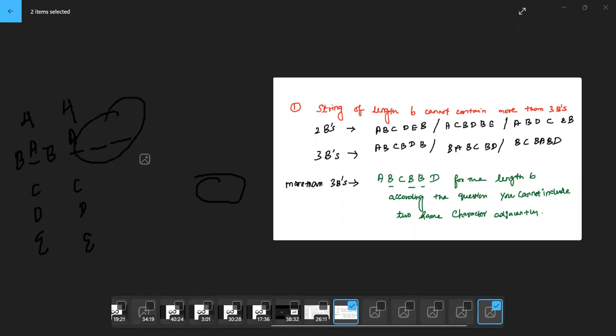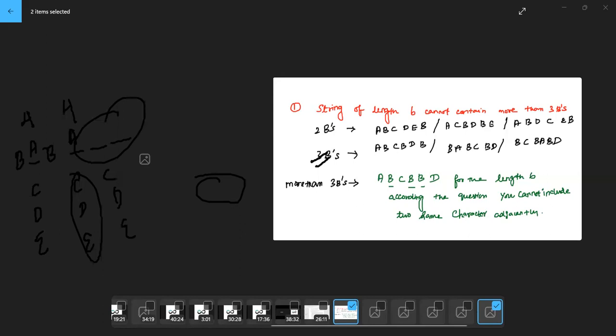But in the fifth one, you're not allowed to choose A, right? Which means you're only going to use C, D, E. And you should not use B over here because already the B's are restricted. We are going for the string which has exactly two B's here. So forget about the B. Here we are only dealing with A, C, D, E.